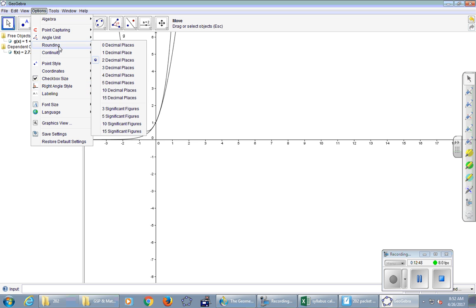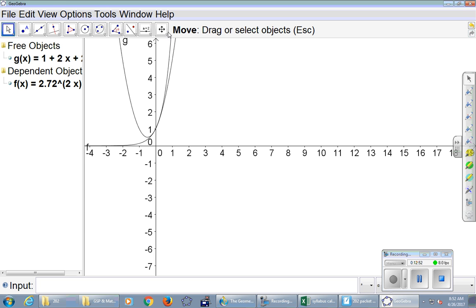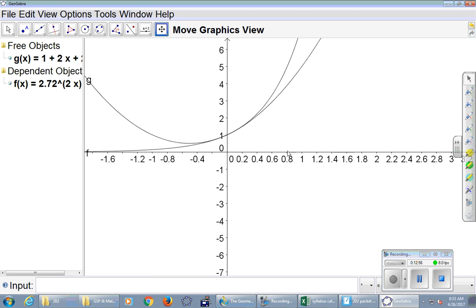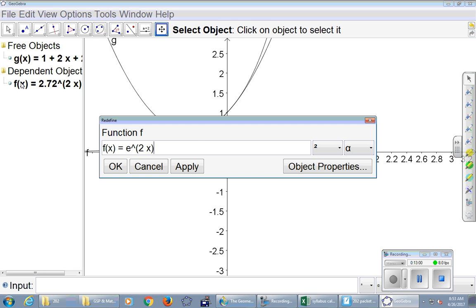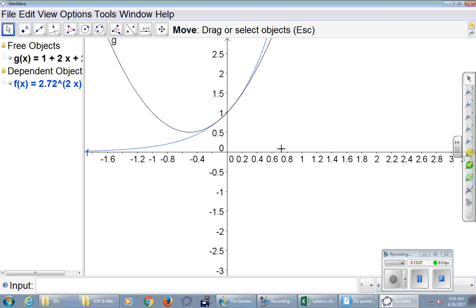Labeling, where's the font size? There it is. Okay, so what do we think? Maybe if we make one of these a different color. Okay, so the blue one is the e to the 2x, and the black one is the parabola.